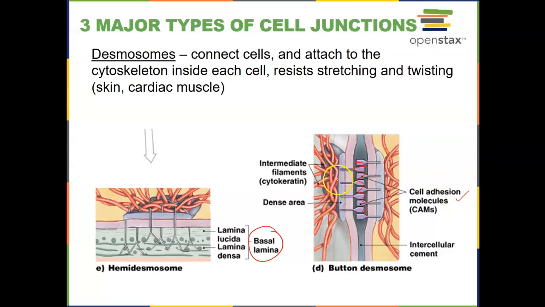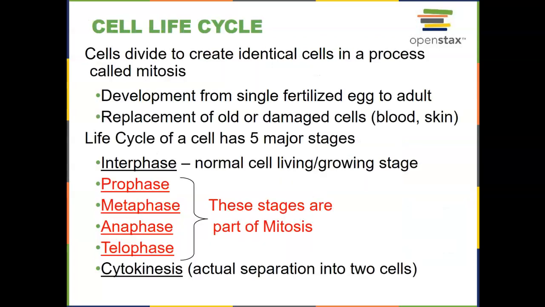And then the cell adhesion molecules are associated with this dense area here, this dense plate. And the dense plate, we called it dense plate when I was in school, attaches to intermediate filaments, holding the cells together, or attaches to laminins. Don't worry about what those are right now. They're proteins that hold these dense areas down onto the basal lamina or the basement membrane.